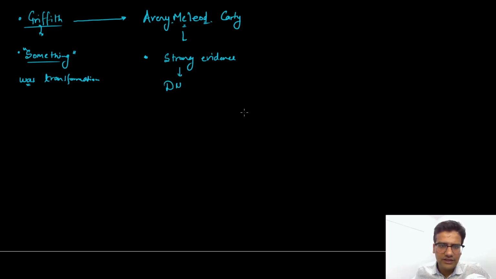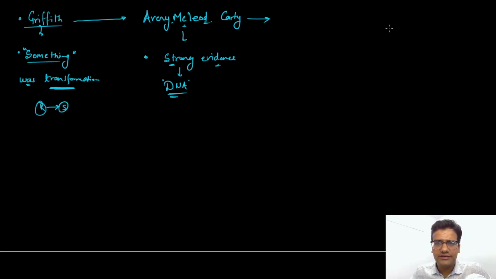So they proved that DNA acted as genetic material. This is the experiment which proved that DNA is the something which caused the change from the R form to the S form.